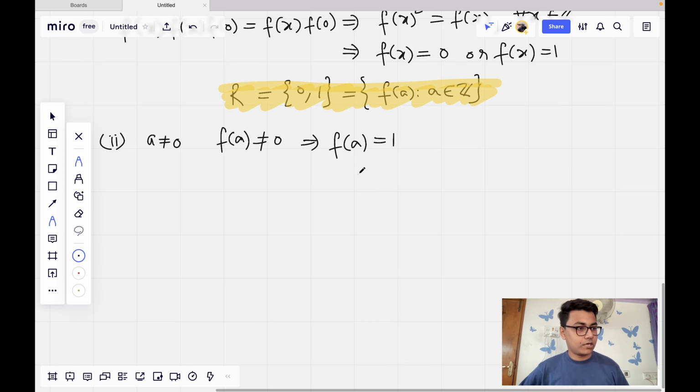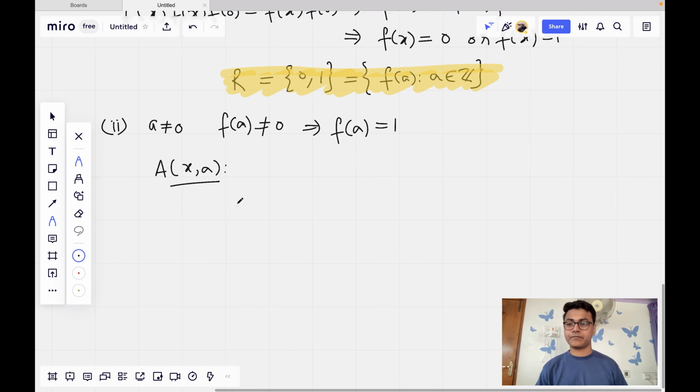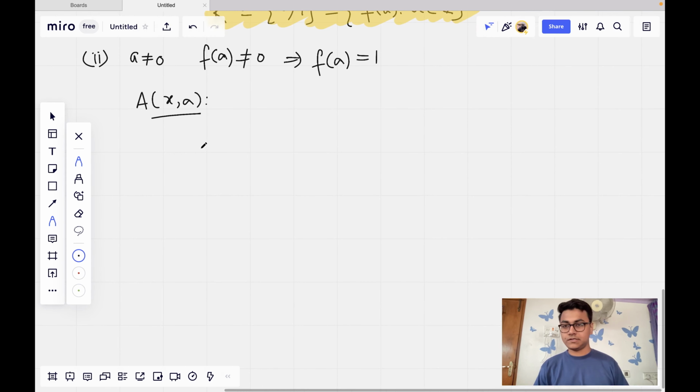Now we will look at the assertion A(x, a). This gives us f of x a is equal to f of x plus f of a minus f of x f of a, right?